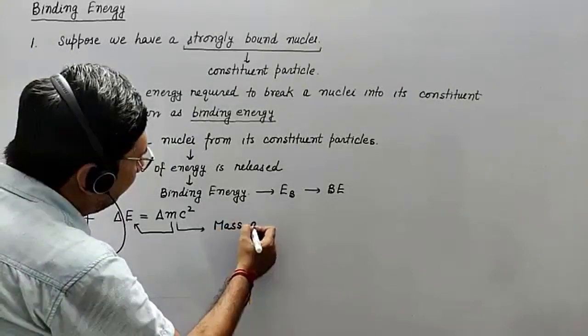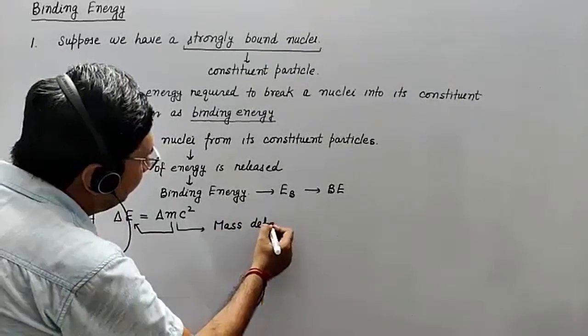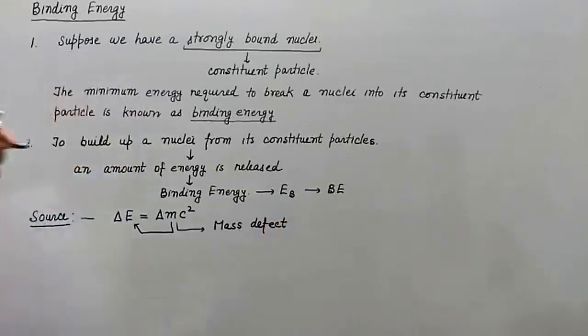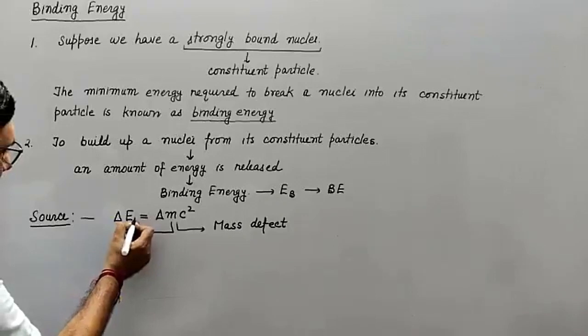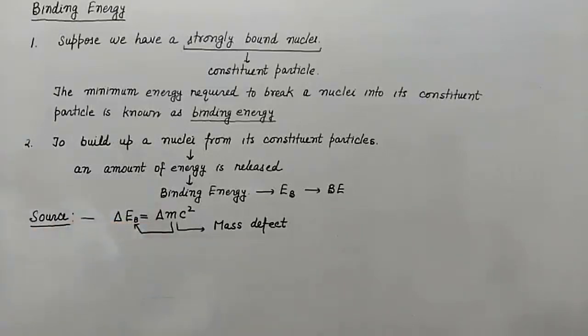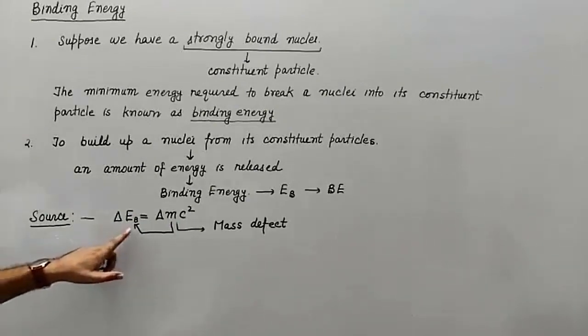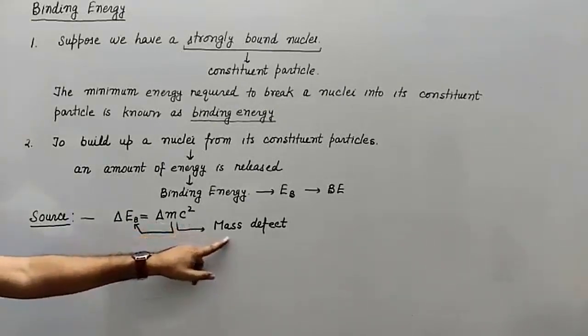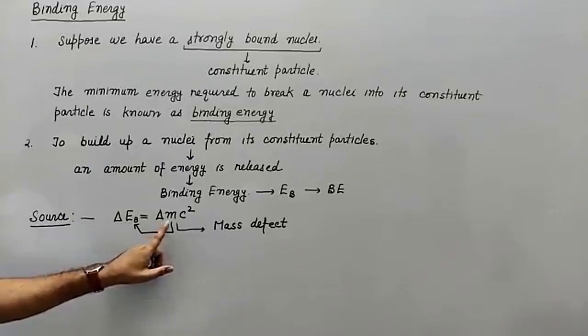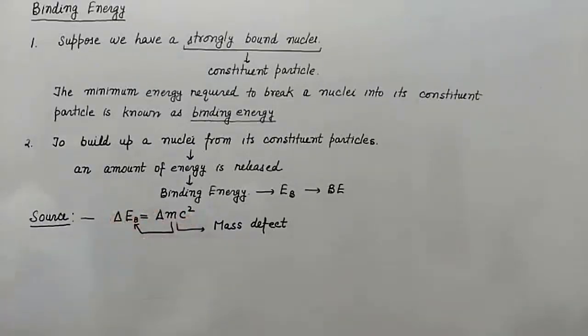So this is the binding energy, EB, the energy released. The energy released will correspond to the mass defect multiplied by c square, and we can find out the binding energy.